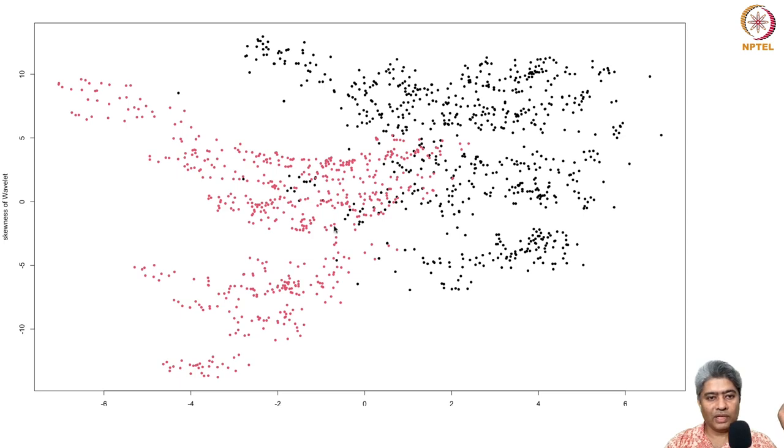Now if we see, this data is very peculiar. The data has a very peculiar shape, and there is a bit of an overlap between the two kinds of points. The red ones represent forged notes, and the black ones represent the original notes.